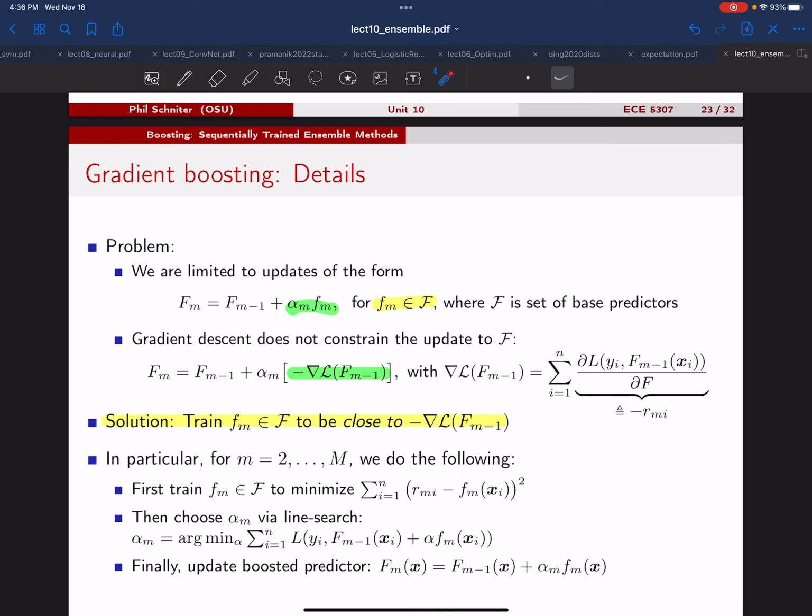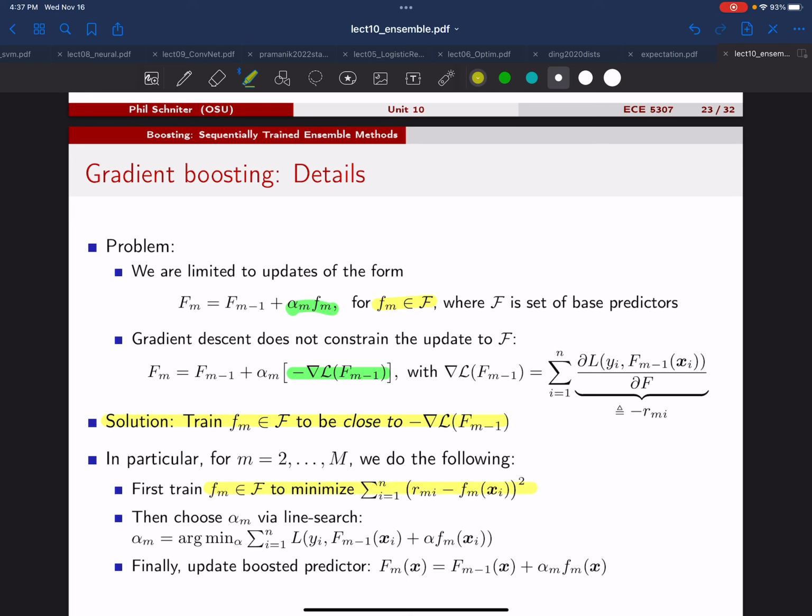And when you look at it this way, the negative sign in this R is kind of compensating for the negative sign there. We want that this FM is close to this; if I apply this FM to xi, it is close to this. Okay, so we train F to minimize this loss.